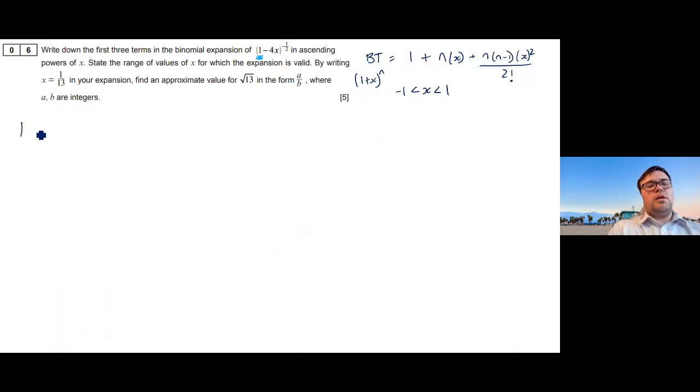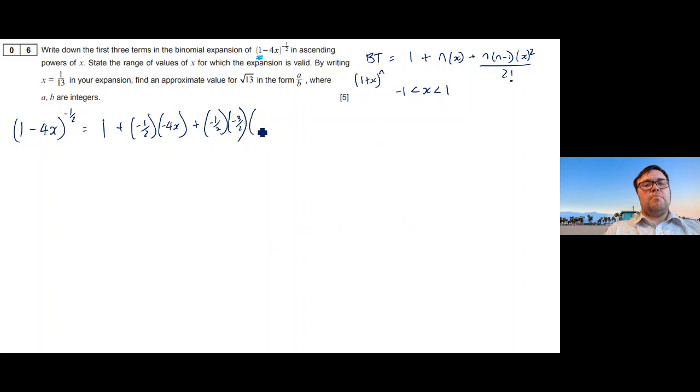We would then just do (1 minus 4x) to the power of minus a half, and that is equal to 1 plus minus a half times minus 4x, plus minus a half times minus 3 over 2, which is minus a half minus 1, times (minus 4x) all squared, all over 2 factorial, which is just 2. It asks for the first 3 terms. 1 is classed as the first term in ascending powers of x, which is what we've given there.